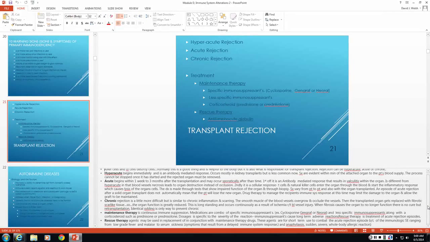So this is just an example of how organ rejection can go. There's good and bad to everything that you do. If she had not had the organ transplant, she would not have lived. So sometimes in the medical field, it's a damned if you do, damned if you don't situation.